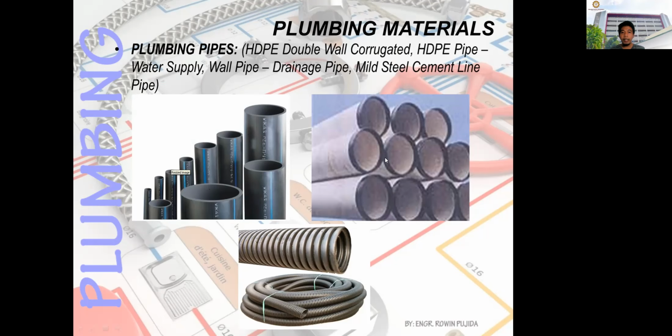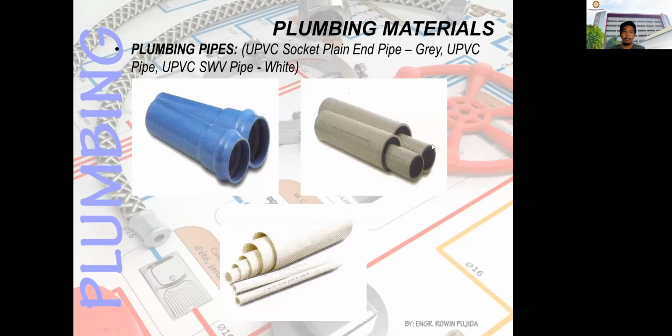And then you have here the wall pipes. This is used for drainage. Then mild steel cement lined pipes, also this one. Okay. And then you have the UPVC or the unplasticized polyvinyl chloride socket, plain end pipe. And then the gray UPVC, the color gray.